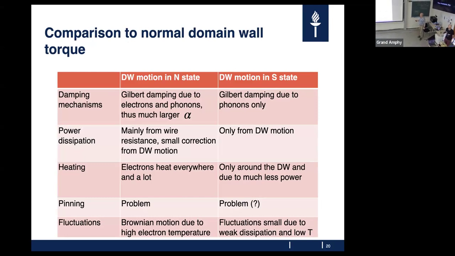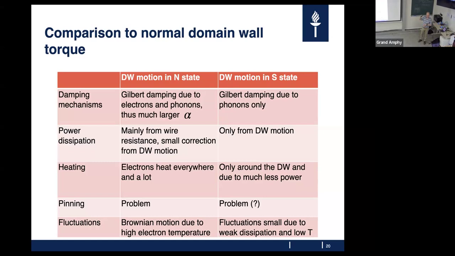So let's compare with the normal domain wall torque. If you have a normal domain wall torque coming from current, there must be a metal somewhere because you pass a current, and therefore there is typically an extra Gilbert damping of the magnetization due to the presence of this metal. Whereas in the superconducting state, the metal is a superconductor.